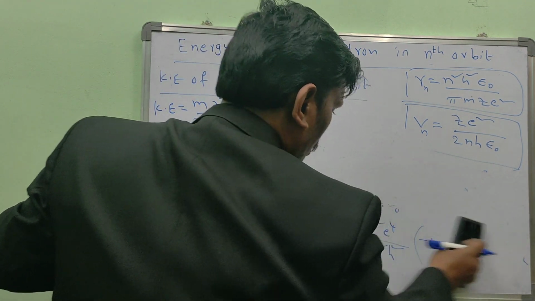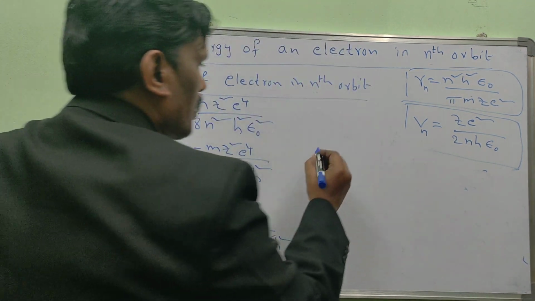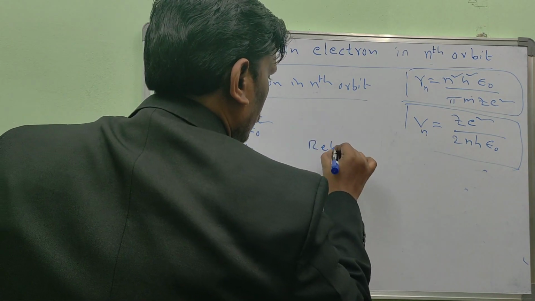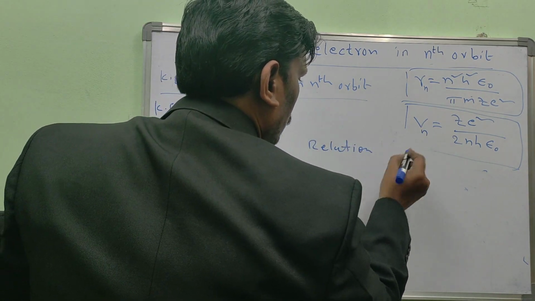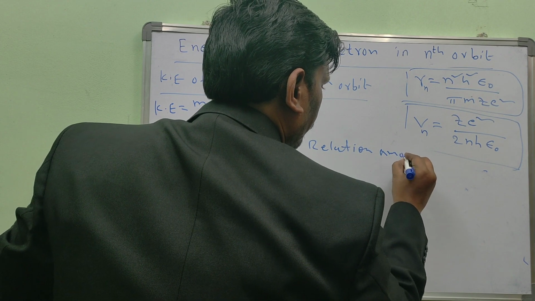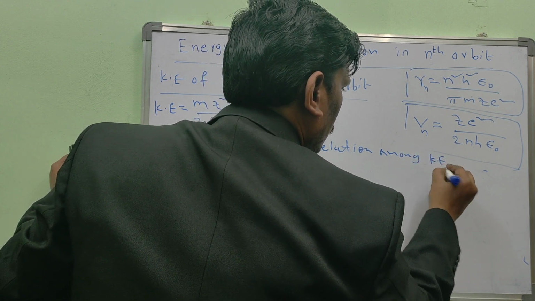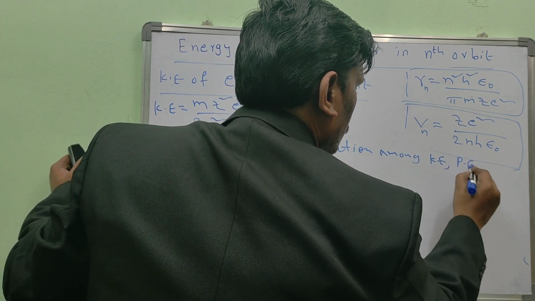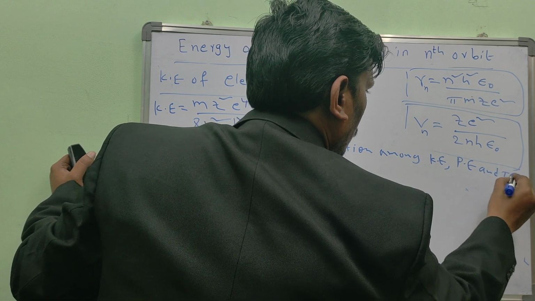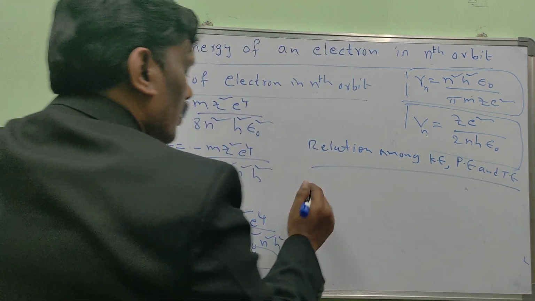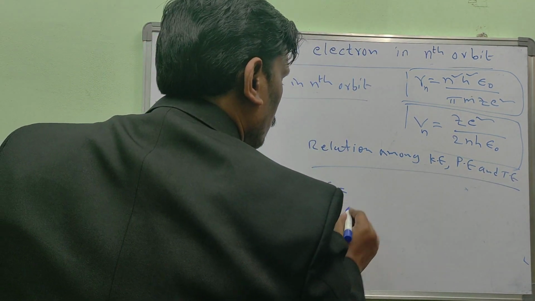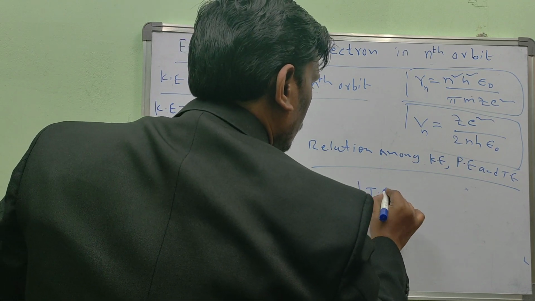And there is a relation among kinetic energy, potential energy, and total energy. Here kinetic energy is equal to the magnitude of the total energy. These two are equal.